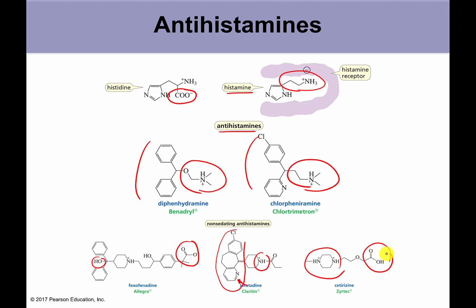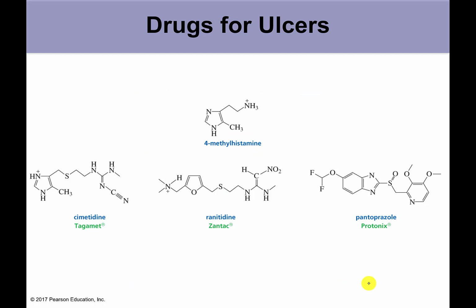This allows it still to block the histamine receptor, so they're still antihistamines, but keeps them from crossing the blood-brain barrier. It turned out that histamines were also responsible, through a different receptor in the stomach. So same compound, different receptors, were responsible in part for overproduction of acid in your stomach and leading to ulcers.